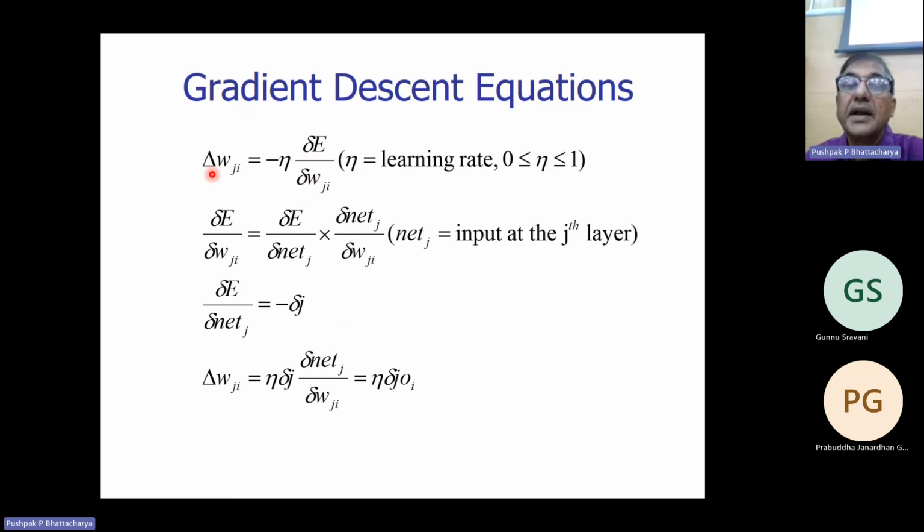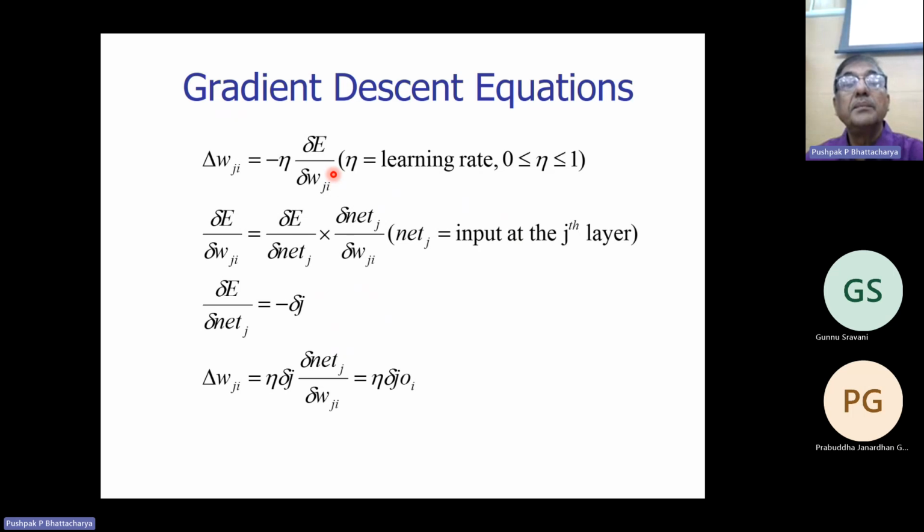This is the gradient descent rule for change of weight and is the starting point for the backpropagation algorithm. So the change in weight is equal to minus eta delta E by delta Wji. Eta is called the learning rate.